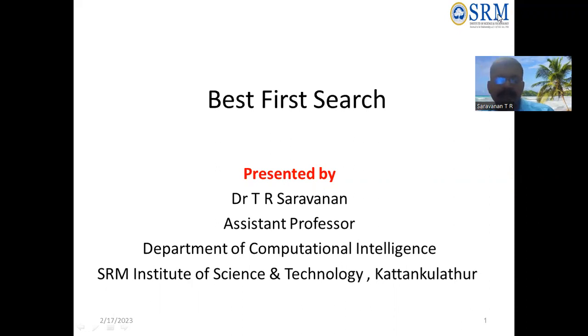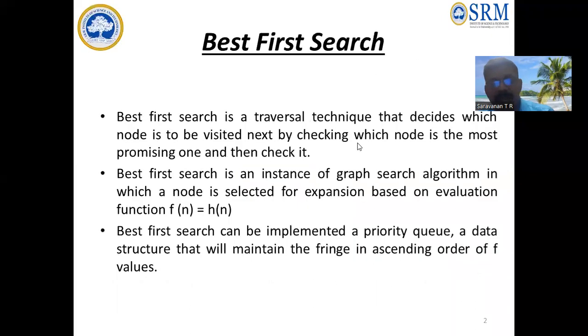Best first search is an informed searching mechanism. In this informed search mechanism, we consider the heuristic function h of n. h of n is the deciding parameter to find the next level of process. Which node should be processed next?